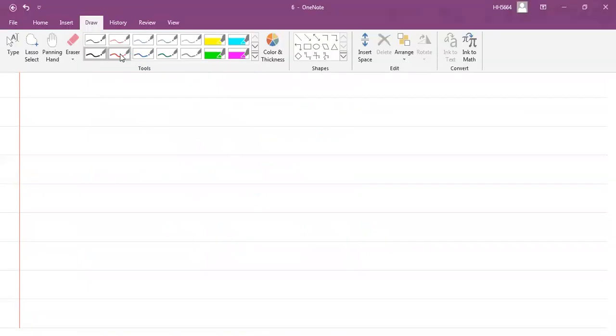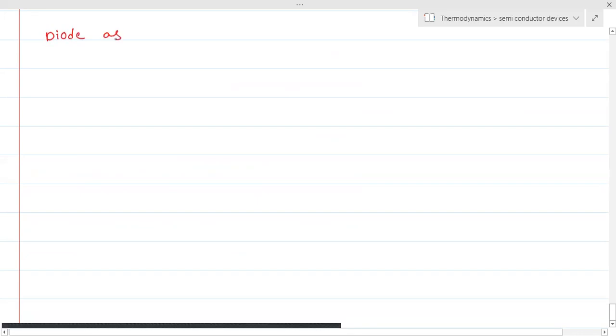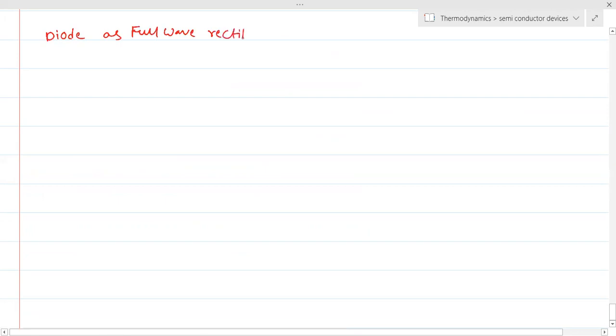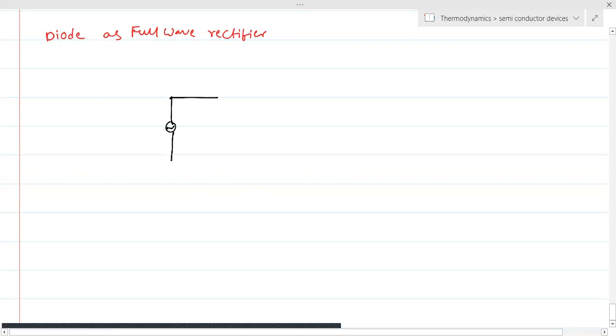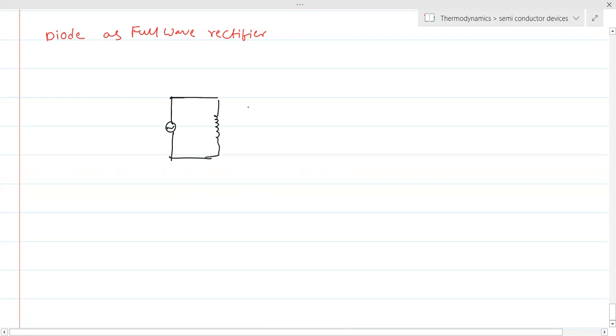Now we will think of the diode as a full wave rectifier. In this discussion, as usual, we take the primary coil, which acts as a source of AC, and we have a transformer.